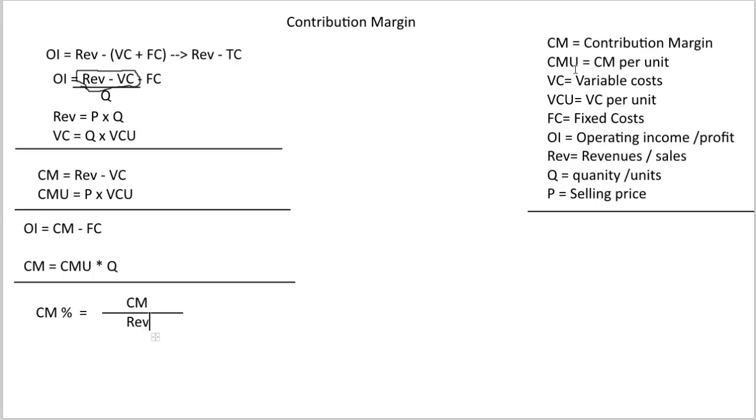That is all for this very short video. Or actually no, there's one more important thing that I almost forgot to say. So we have to understand that we can look at the contribution margin in 3 ways.